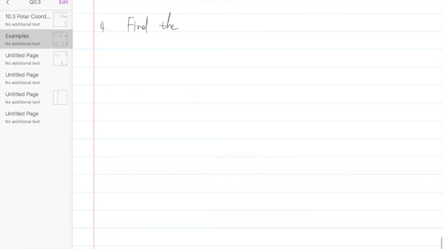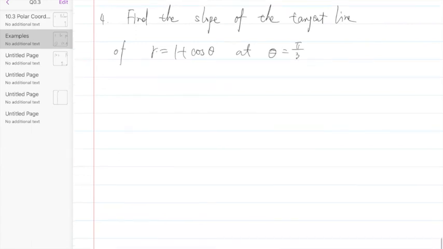So that's number 3. Let's do number 4. Let's try to find the slope of the tangent line of this function, r equals 1 plus cosine theta, at theta equals pi over 3.